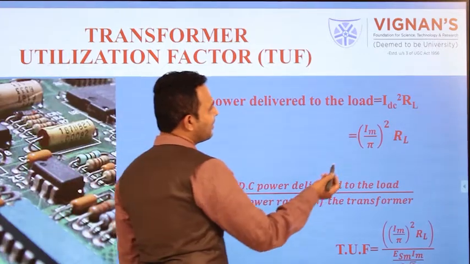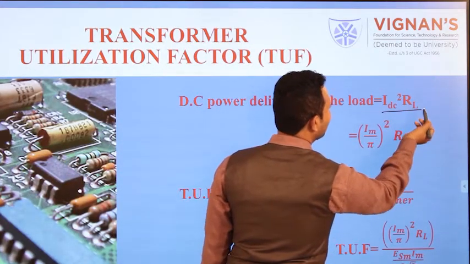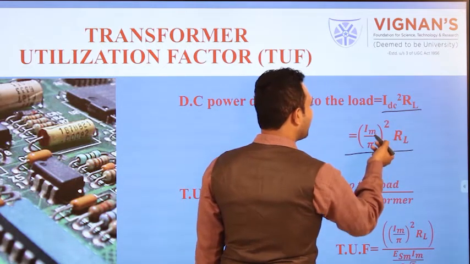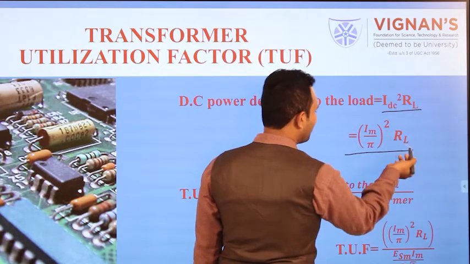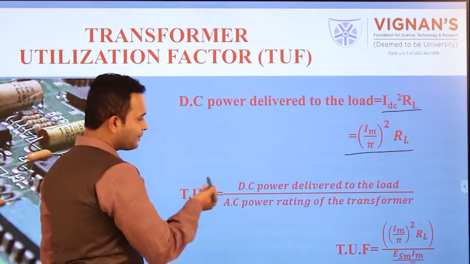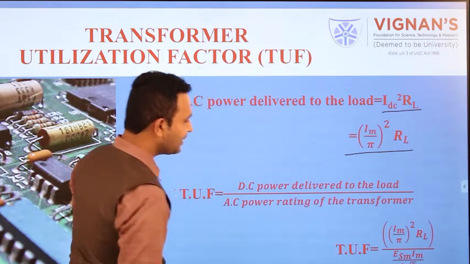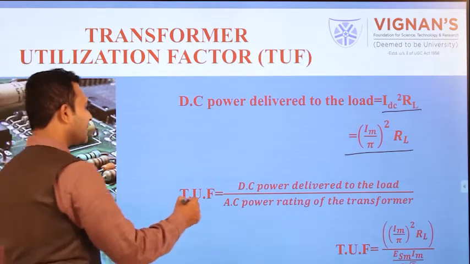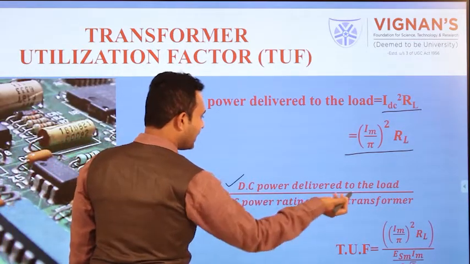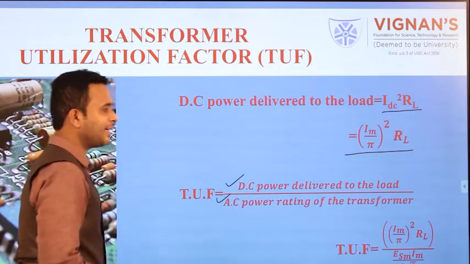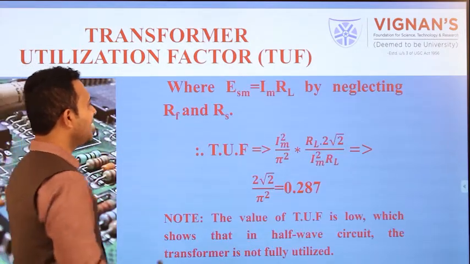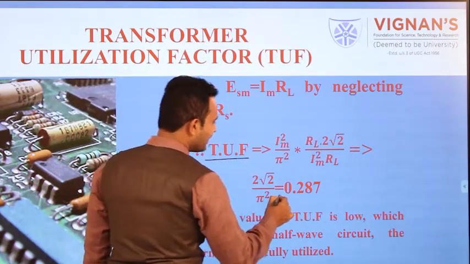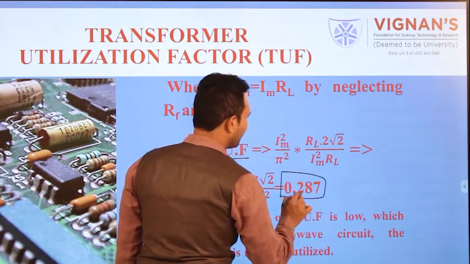What is DC power? We know DC power is IDC square into RL, and substituting IDC equal to IM by pi, it is IM by pi whole square into RL. Finally we substitute both the DC power delivered at the output and the AC power rating in the TUF expression, and we get the value of the transformer utilization factor.